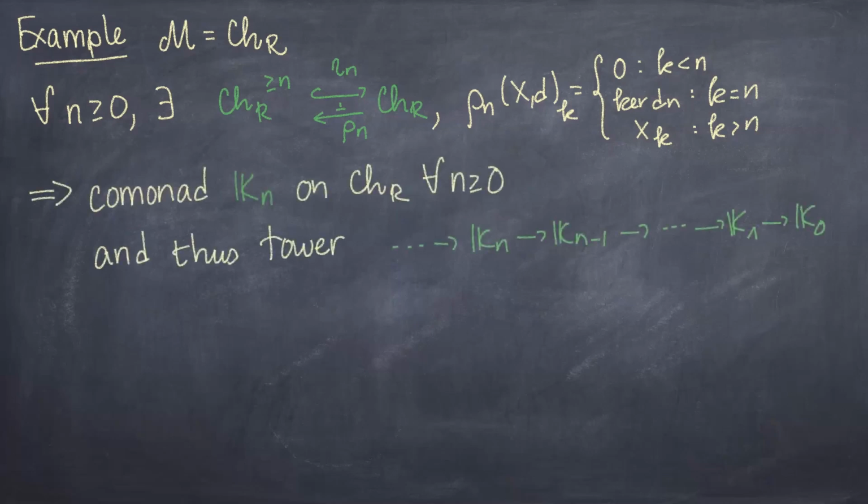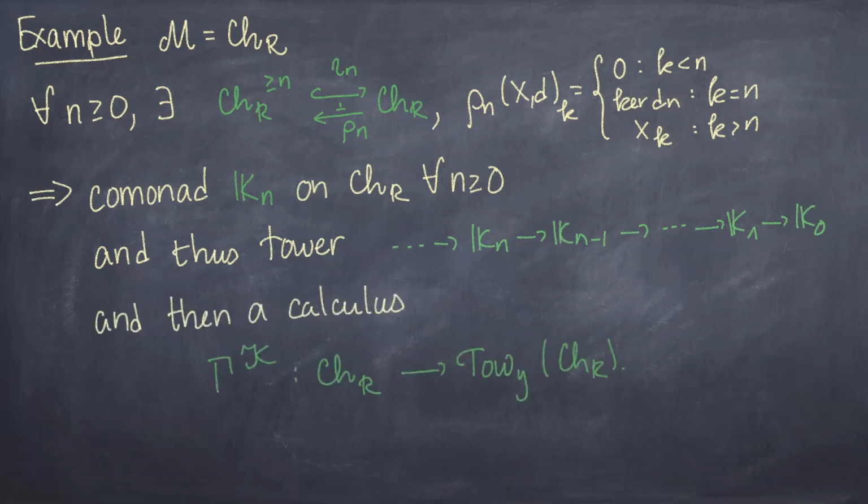Then this is going to give us a comonad, right? We know that adjunctions give rise to comonads. There's a comonad on the chain complexes on R with underlying functor the composite of iota n with rho n. And then because we have the compatibilities along n, this actually gives rise to a tower of comonads.